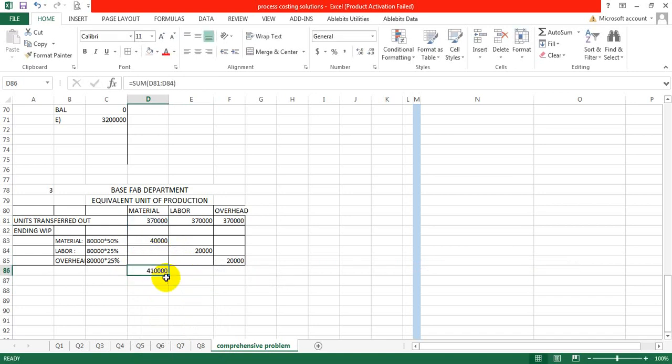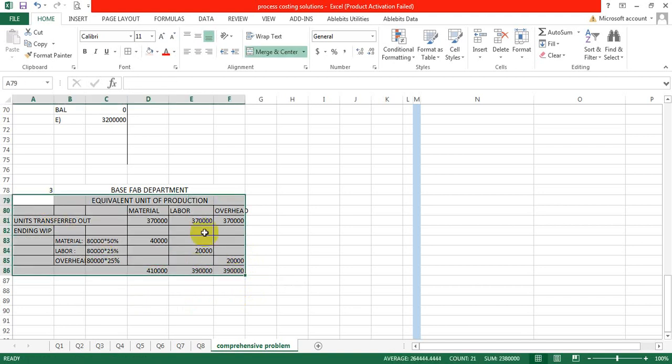Four lakh 10,000, 3,90,000 and 3 lakh 90,000, right? So my equivalent unit of production is 4,10,000, 390,000 and 390,000.